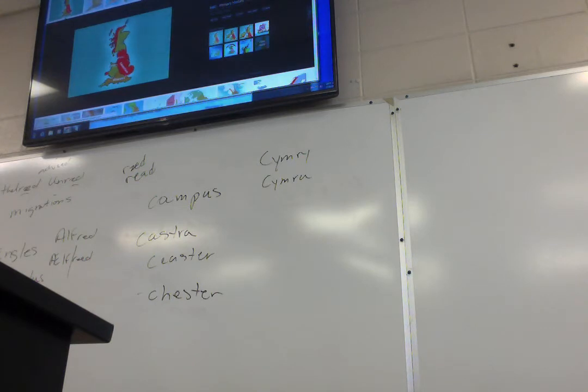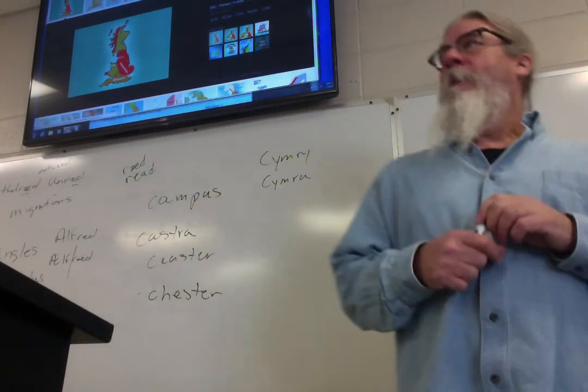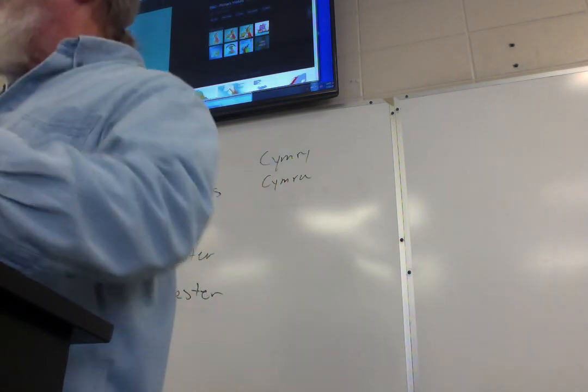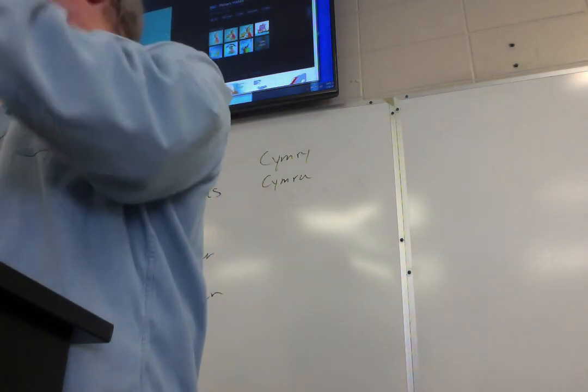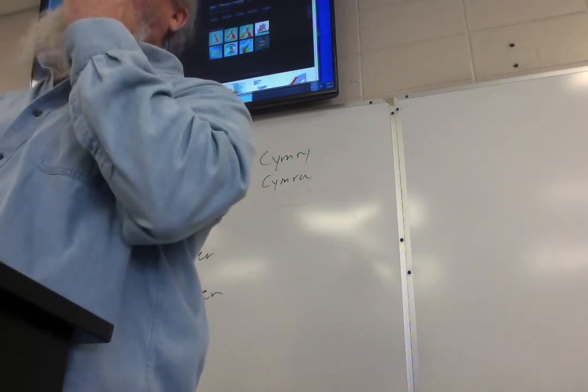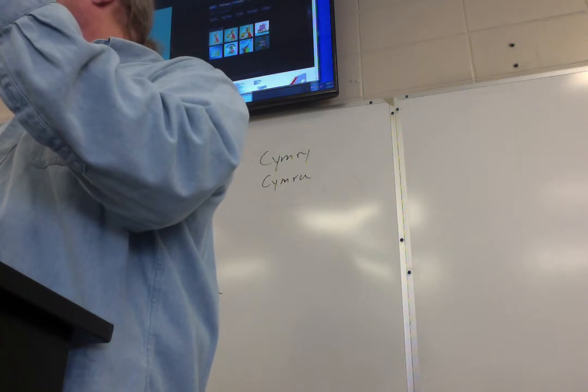That's 1042. Edward the Confessor. Such a holy name. Why is he called Edward the Confessor? Because he and his wife didn't have any children. It's thought he was so holy he wouldn't consummate his marriage. Well, that's one idea. The other idea was that he didn't like women. Okay?